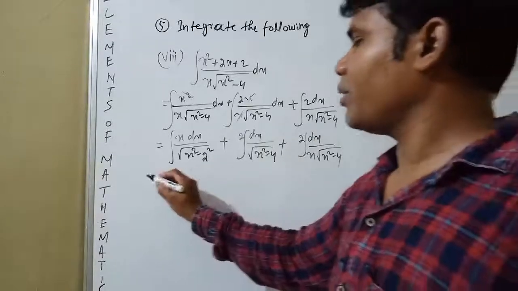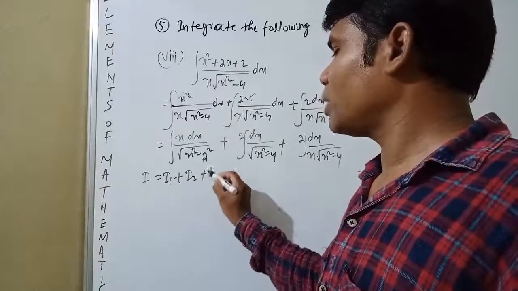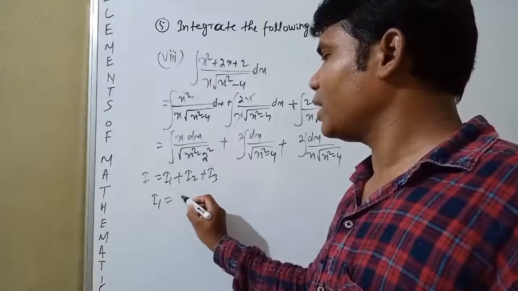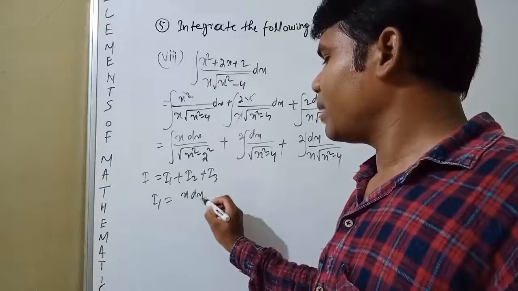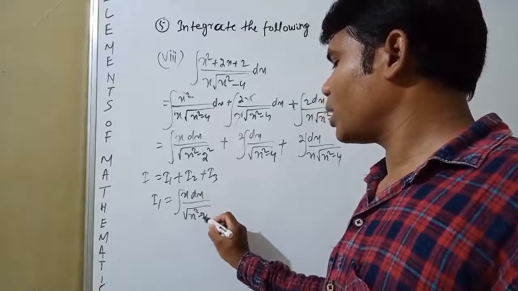For this you say I is equal to I1 plus I2 plus I3. Okay, let you operate I1 is equal to x dx by root over x square minus 2 square.